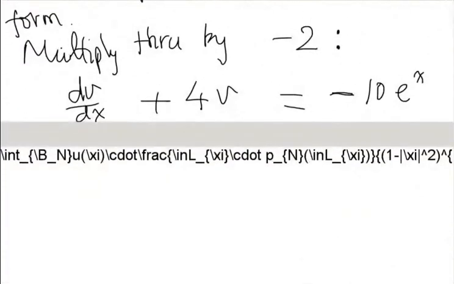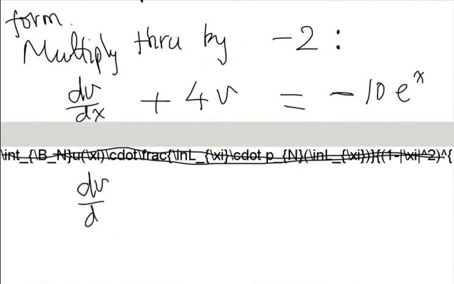So now we have a linear equation in the correct format, in standard form, but the unknown is v. Let me rewrite it: a linear equation in v should be of this form, the derivative of v plus p(x) v equals q(x) on this side.